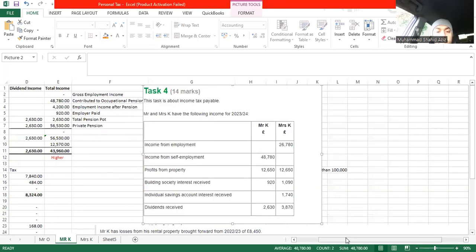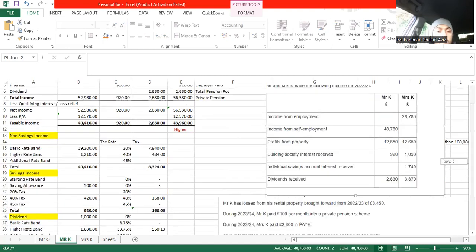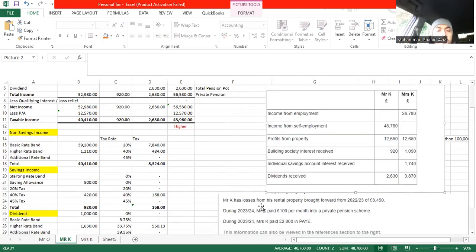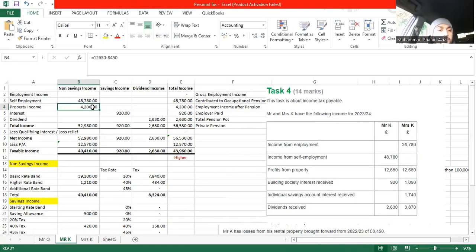The second thing is profits from property, which is 12,650. But if you see the note, Mr. K has losses from his rental property brought forward from 2022-23 of 8,450 pounds. So 12,650 minus 8,450 will give you back 4,200.